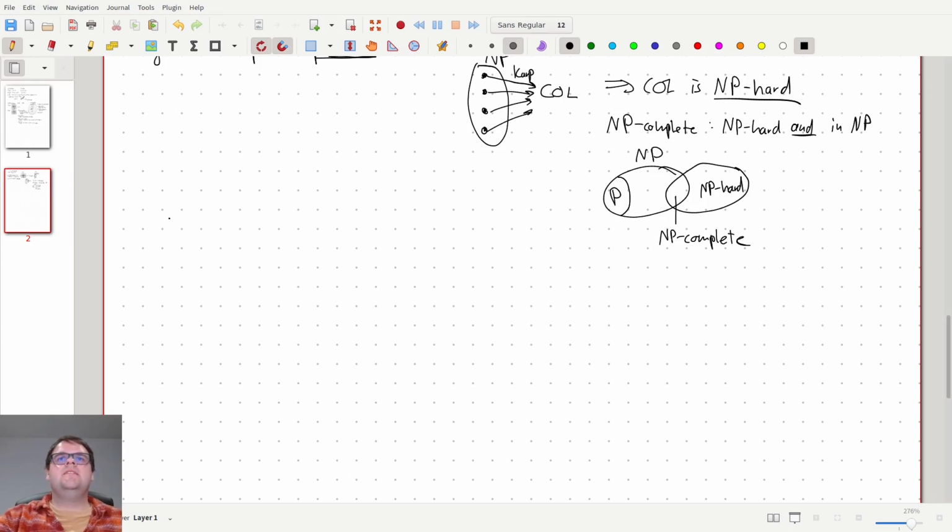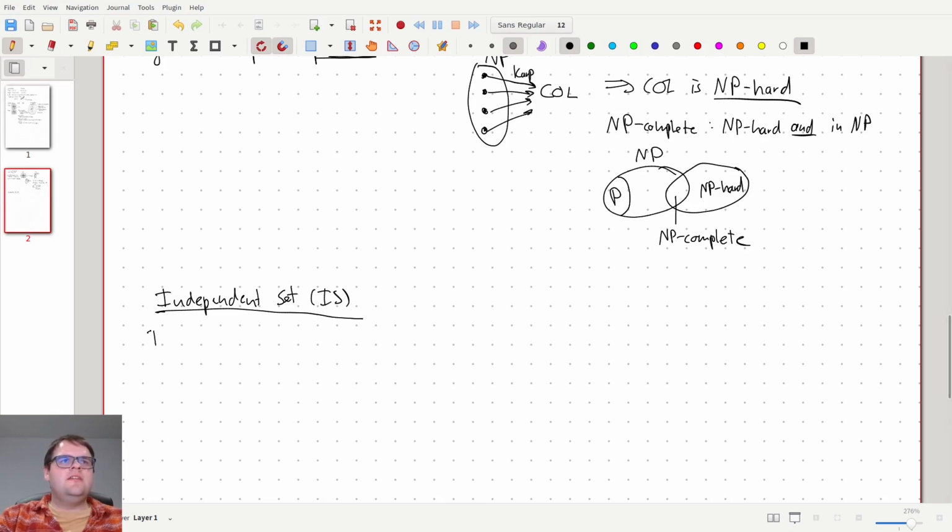So first of all, let's look at independent set. That's one related to graphs, related to graph theory.